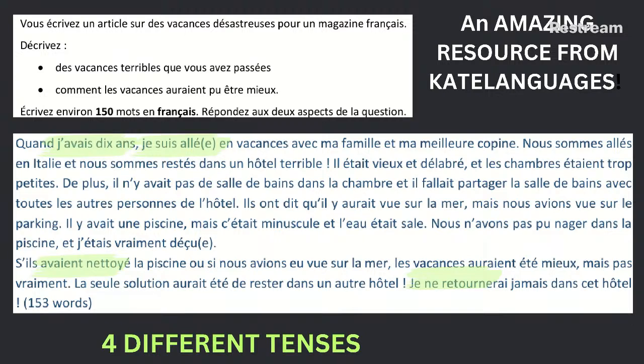So obviously Italy begins and ends with vowels, so they use en. De plus, that's another useful term. Il n'y avait pas instead of il y avait, so using negative there. Il fallait partager. The person has really demonstrated their use of key terms and words from the module.